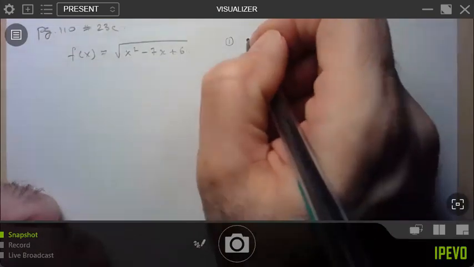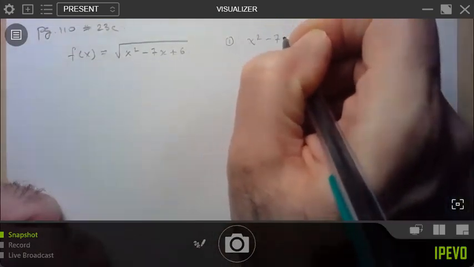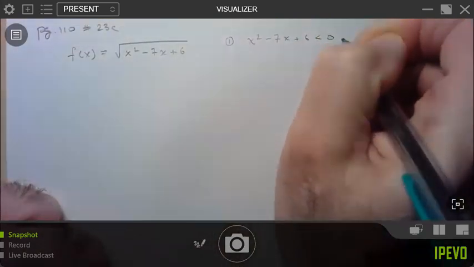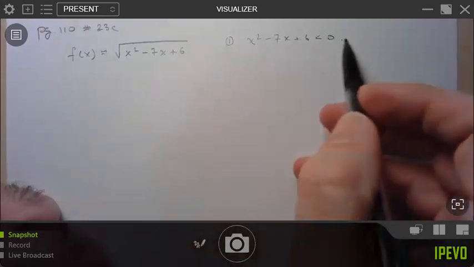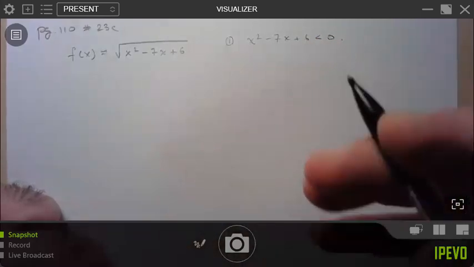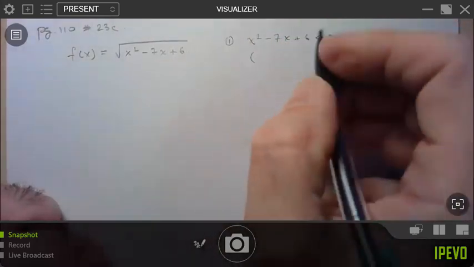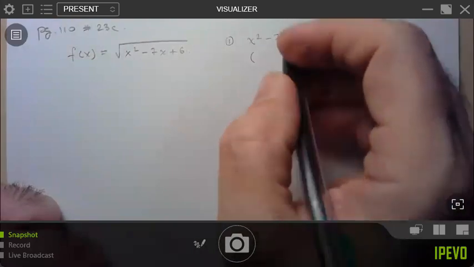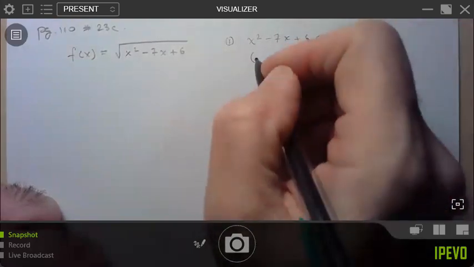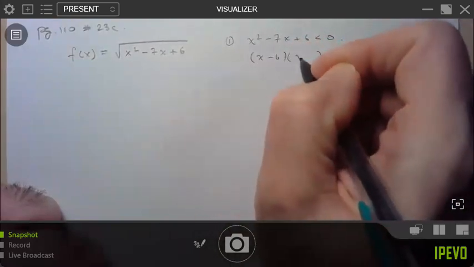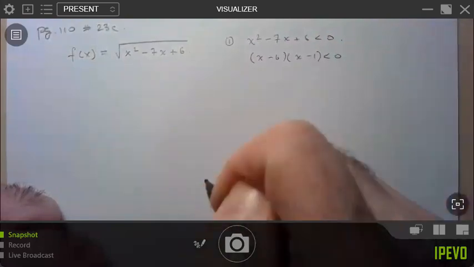Okay, so let's solve x squared minus 7x plus 6 less than 0. And here, it's a polynomial inequality. Hopefully you remember from what we studied last time that the easiest way to do this is to just factor it and quickly draw a graph. So this, I think, is easily factorable. It's just going to be x minus 6, x minus 1 less than 0.